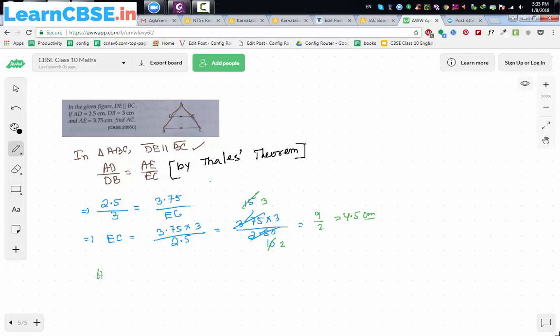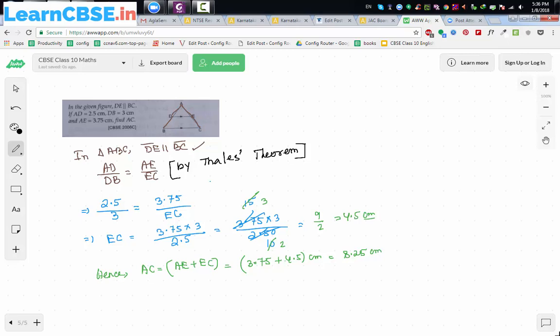Hence the length of AC, which is nothing but AE plus EC, equals AE length, which is given as 3.75, and EC is 4.5 centimeter. So that will be equal to 8.25 centimeter as the final answer. We are getting the length of AC as 8.25 centimeter.